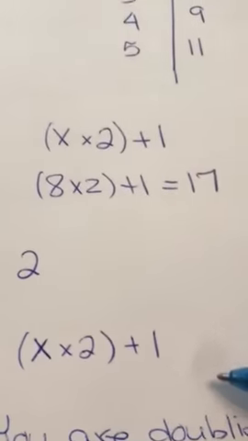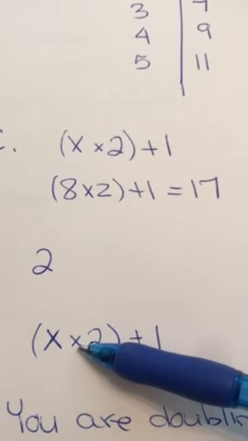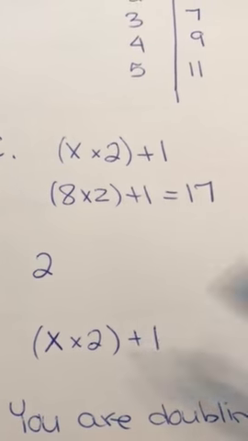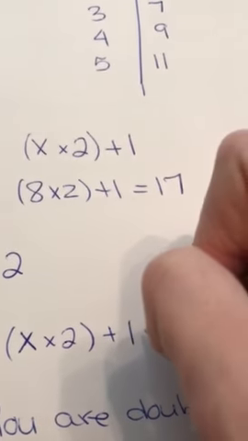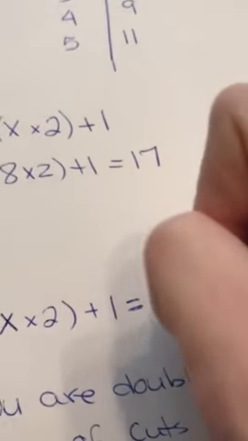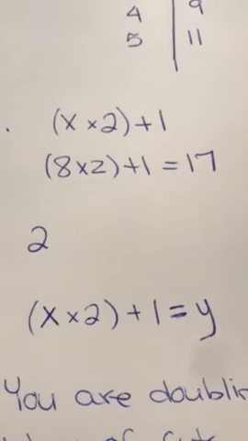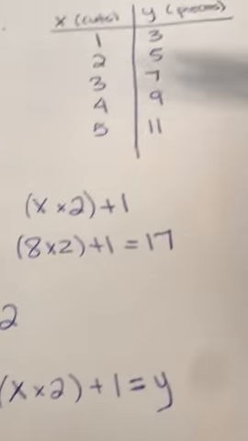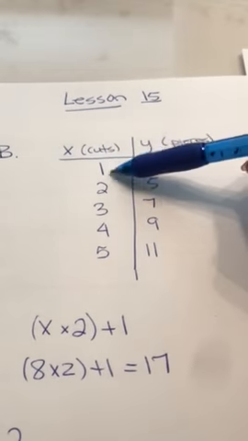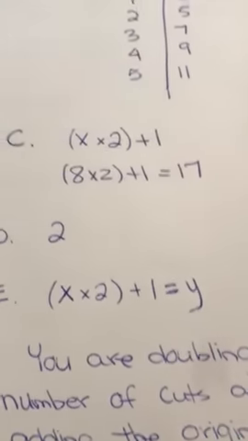And again, for E, that rule is X, that's the number of cuts, times 2, plus 1 equals, because we're doing an equation, so I'm putting an equal sign, equals Y, which represents my pieces. So that's my equation I'm using every time, and it matches this up here. X times 2 plus 1 gives me Y.